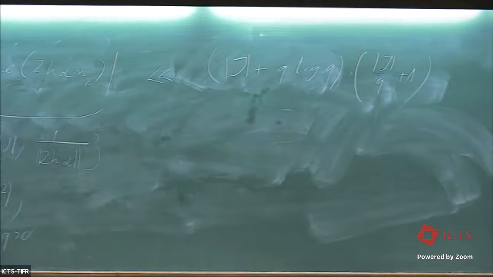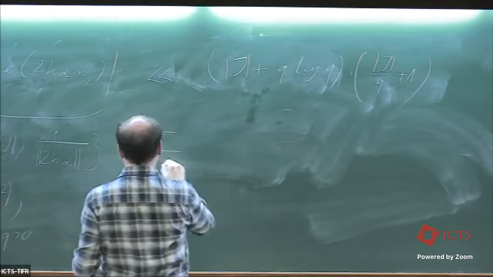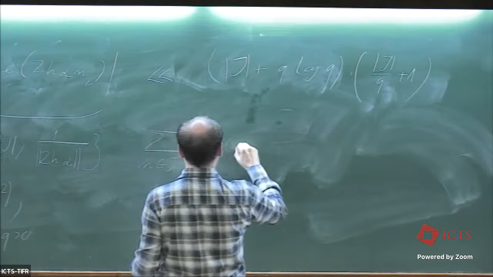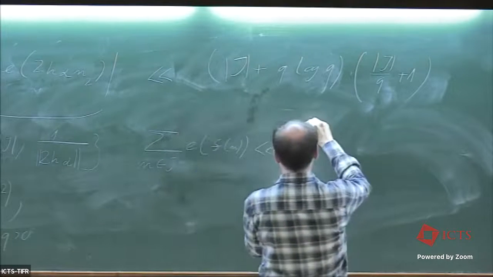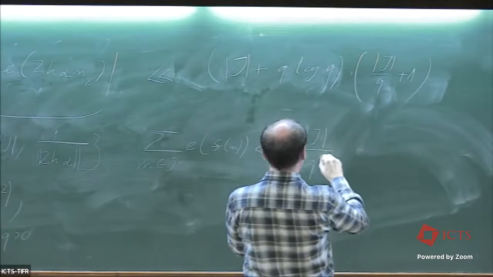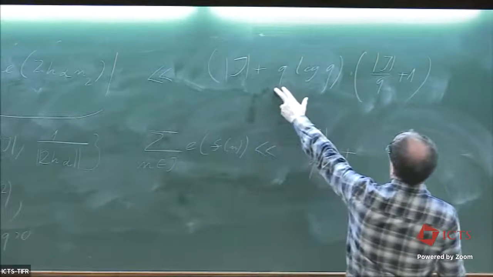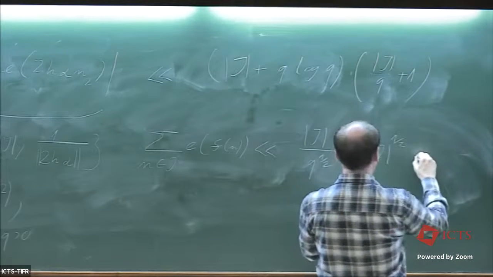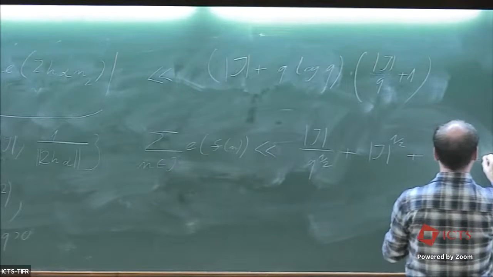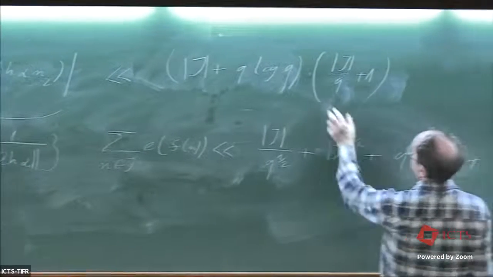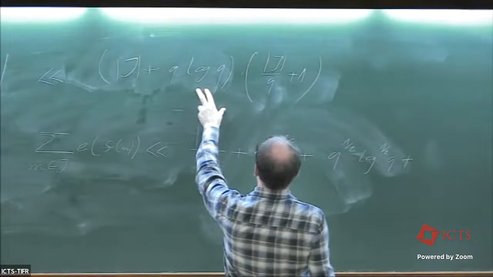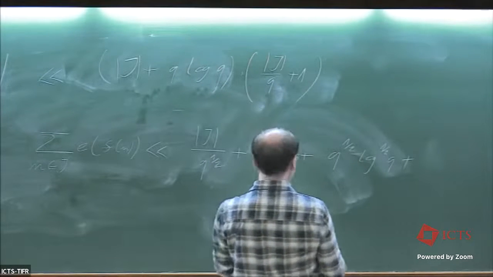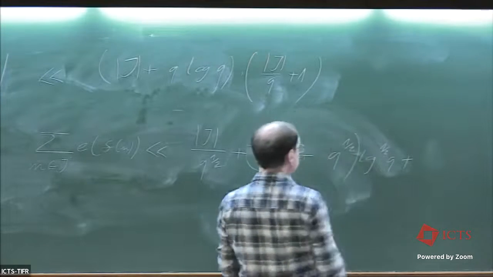Now good, and then you need to take the square root. And what you obtain is that the original sum, the sum over n in I of e(f(n)), is bounded by I divided by q to the 1/2, plus I to the 1/2 times q to the 1/2 log to the 1/2 of q, plus the same kind of term.